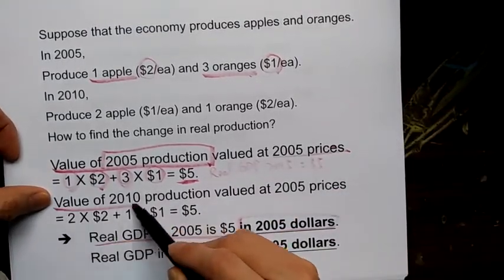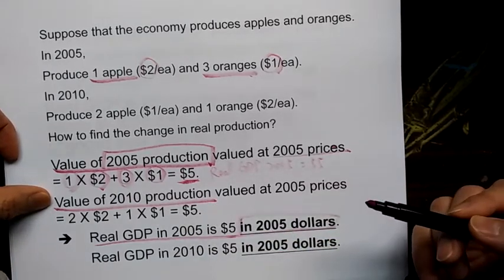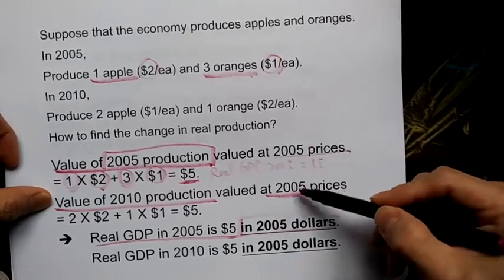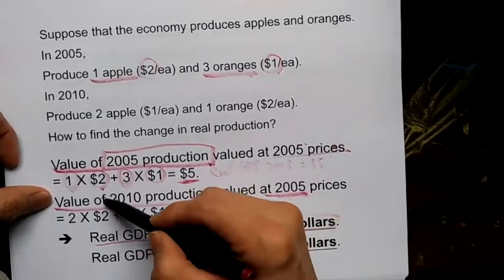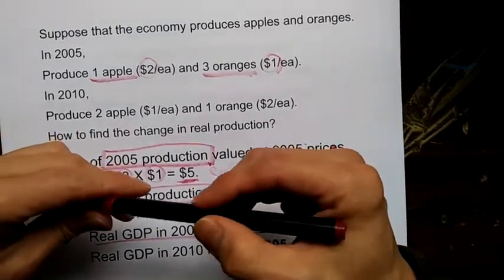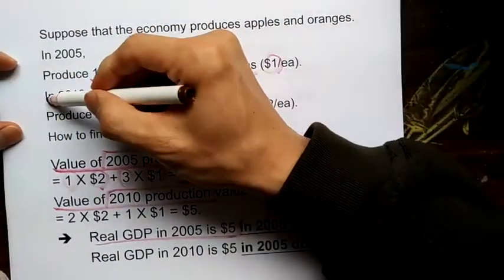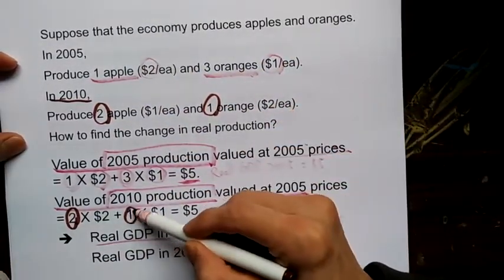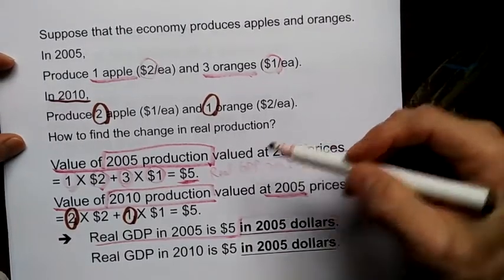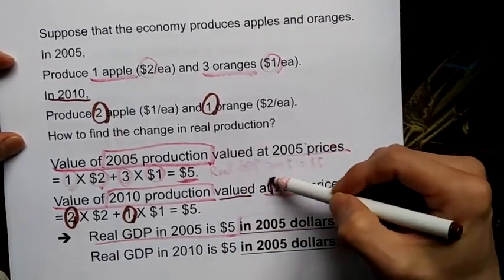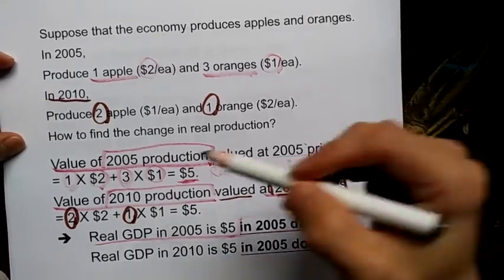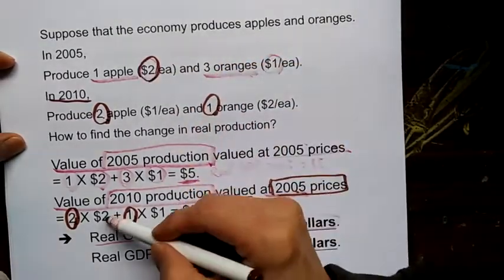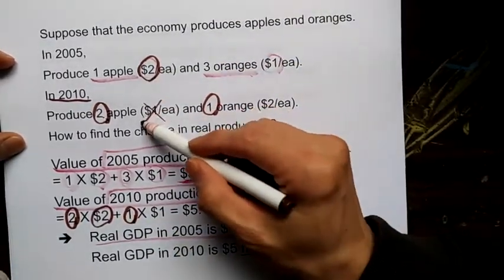Now, what is the value of 2010 production? Value at 2005 price. Remember, we don't change the price. What is the 2010 production? 2010 production is 2 apples and 1 orange. And you want to value it at 2005 price. So what is the price of apple in 2005? The answer is $2, not $1.